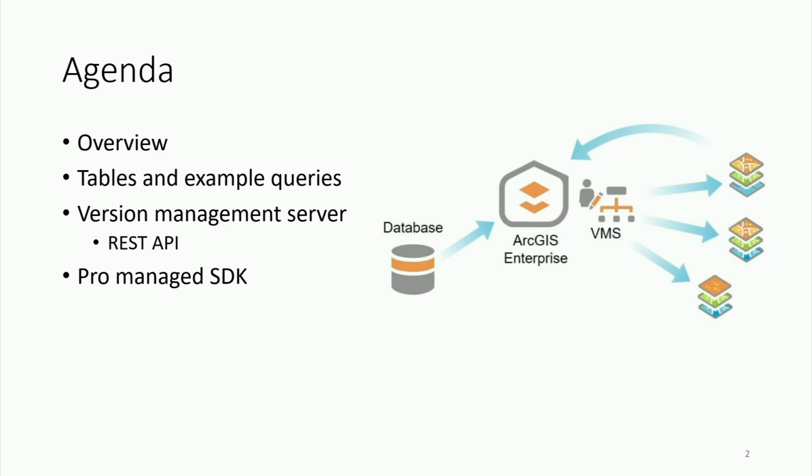It might be interesting for you. We're going to talk a little more about the version management server and go through the REST APIs, and there'll be demos and stuff like that. And we'll talk a little bit about the managed SDK that's available in Pro. So that's the basic agenda today.